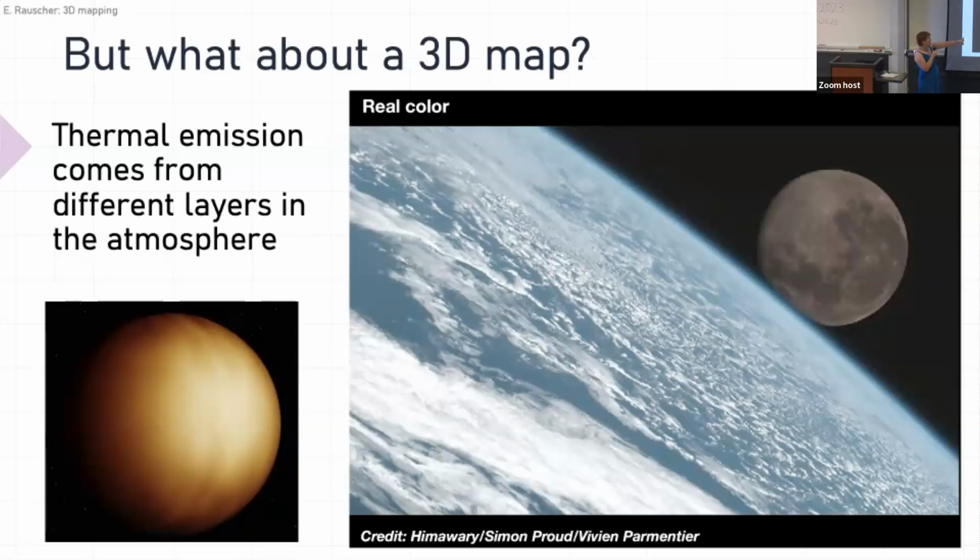Because we know, as many people have said in many different talks, that different wavelengths probe different depths into the atmosphere. On the Earth, this is reflected light, so not a great analogy to what we're measuring in thermal emission.